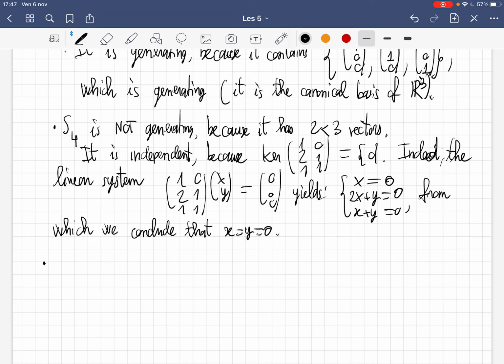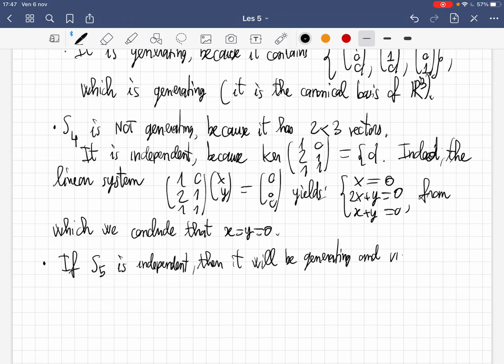Just let's write this before. S5 is independent, then it will be generating, and vice versa.